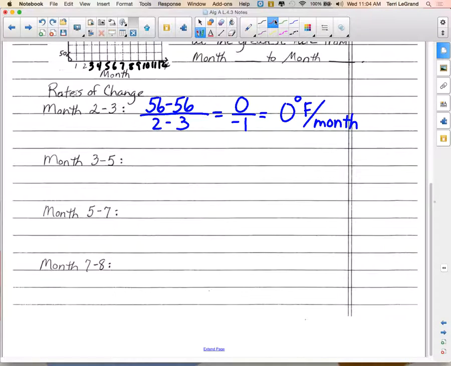Okay, go ahead and try and work the next 3 on your own. I'm going to do it up here. You can use me as your rescue if you need to, but otherwise I want you actually working it on your own.